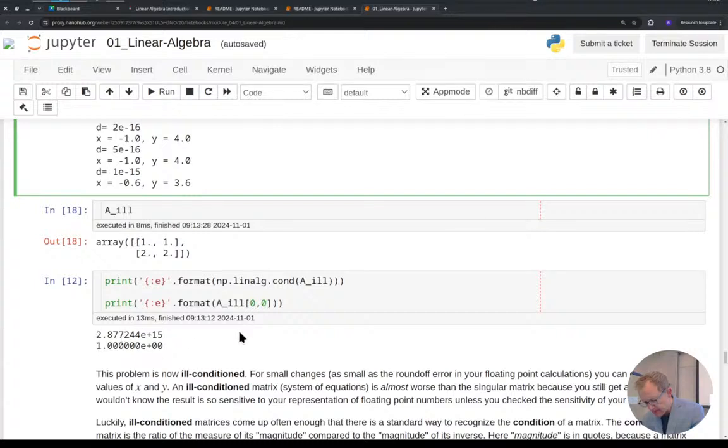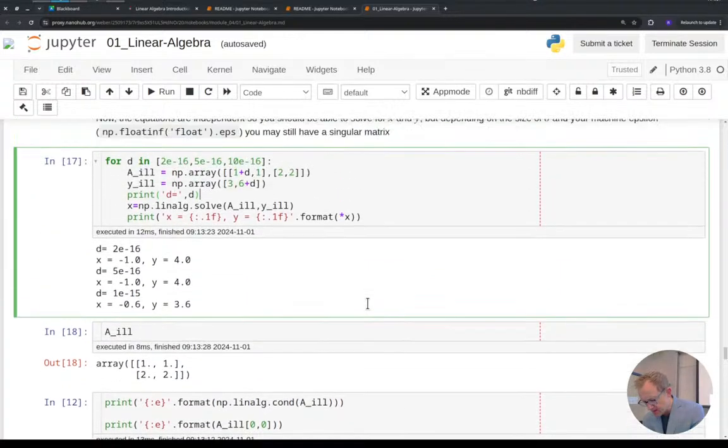Like in this case we had 10 to the 15. Let's say 1e negative 16.